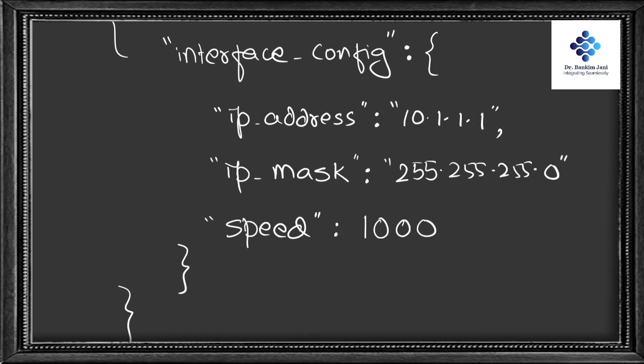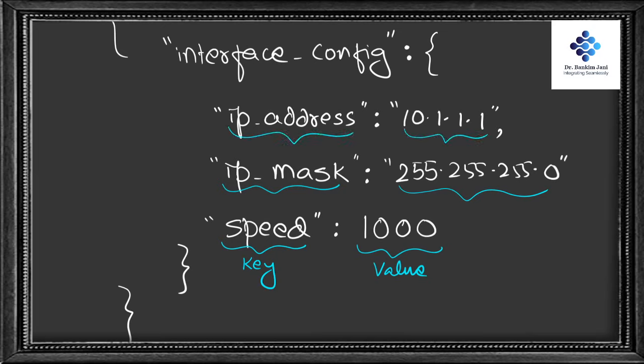Now let's interpret this. So easy. This is our key and this is our value. Again, this is key, this is value, this is key, this is value. So we have got key value pairs. This is easy to understand.